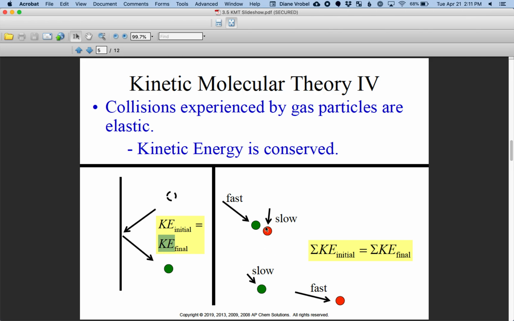Now, we could have a transferring of energy when they collide with each other. So you may notice that one particle starts off with a higher kinetic energy, but then after the collision, it transfers that kinetic energy to another gas particle.